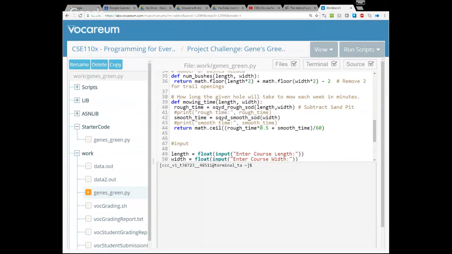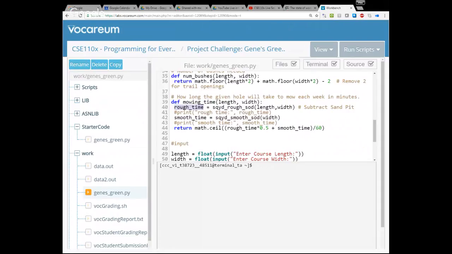Another concern I had as you were explaining is in your mowing time function, you have a variable called rough time, which implies that this is going to store a time value, yet you're calling the square yards rough sod function, which returns an area in square yards, and storing that in a variable whose name includes the word time.